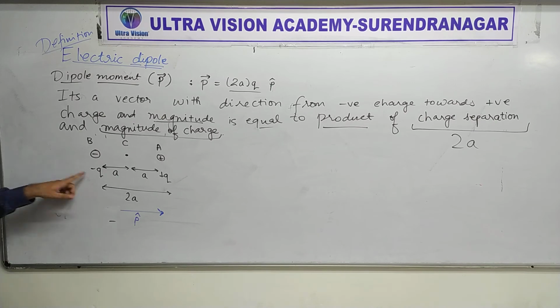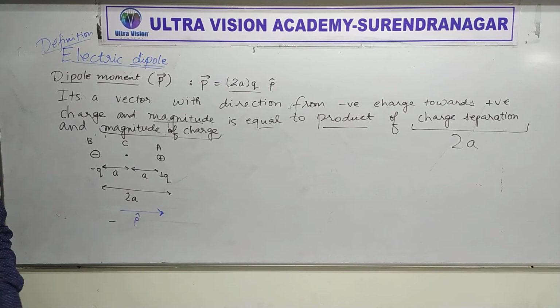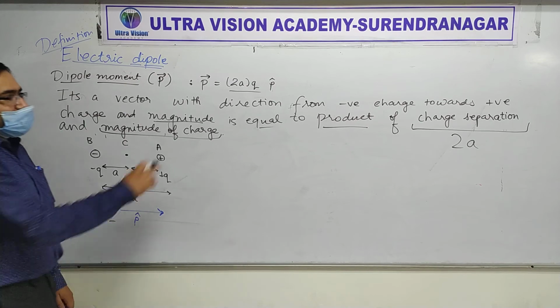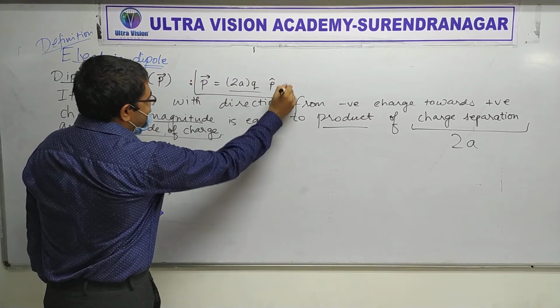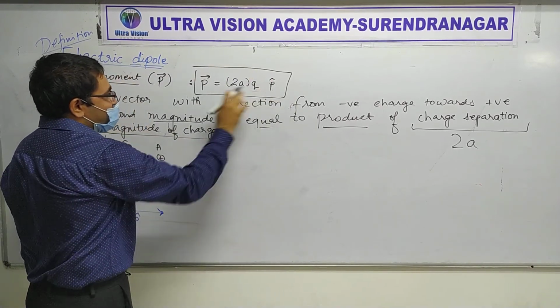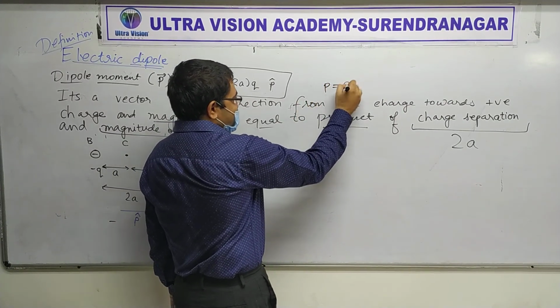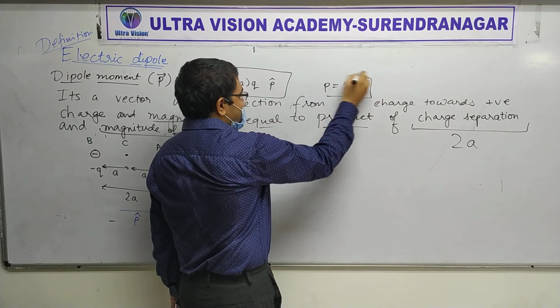Q. This has magnitude Q. That also has magnitude Q. Understood everything? Yes or no? So that's what we've got here. So this is the formula of dipole moment in vector form. In magnitude, it would only be this. I hope nobody is surprised by that.